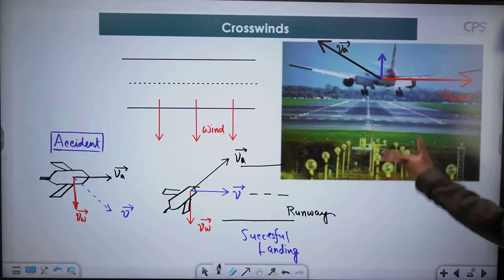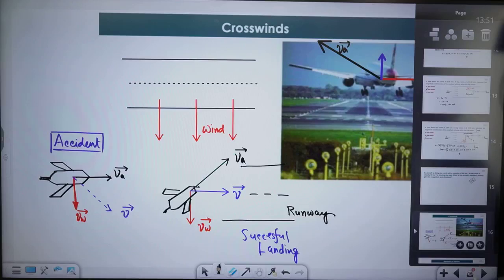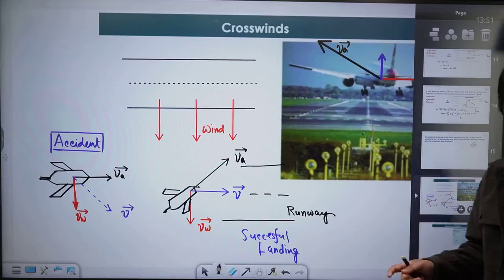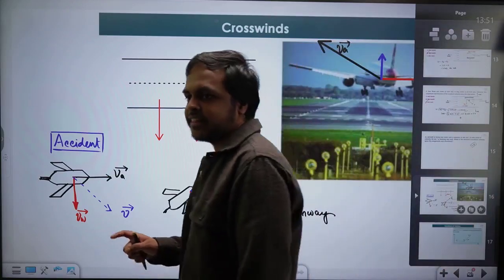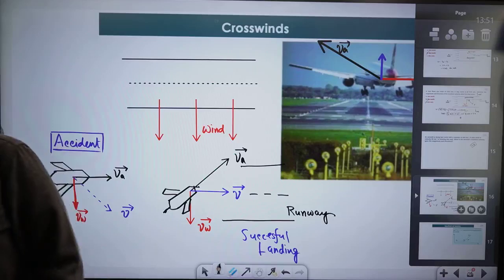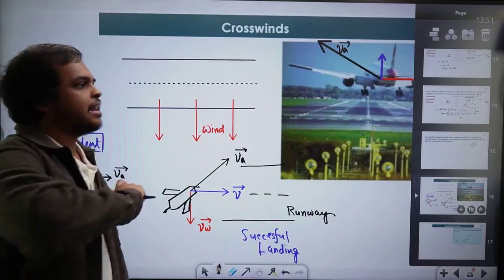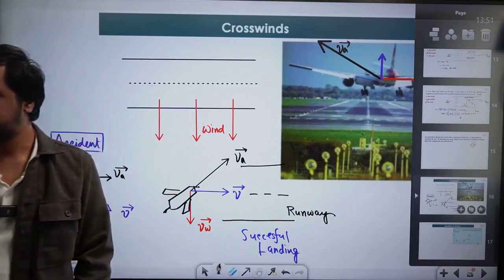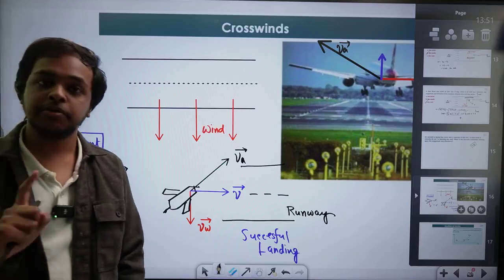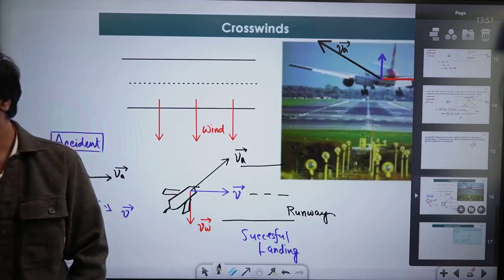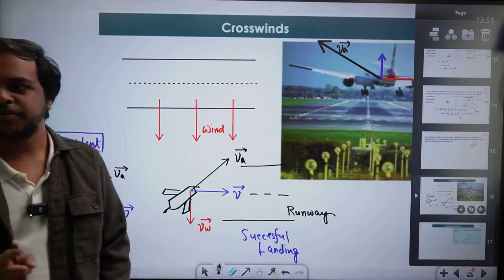It will easily land. So vectors and the resultant of vectors are so important that people's lives and any technological advancement depend on it. That's why you need to study this at this stage of your life.